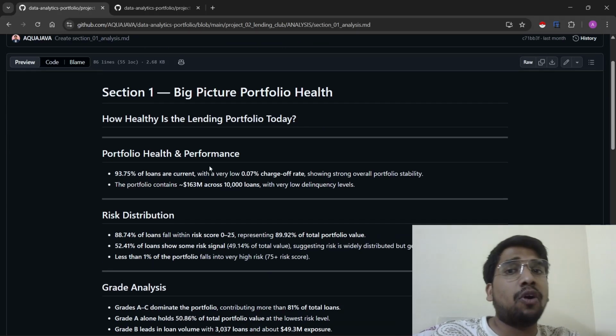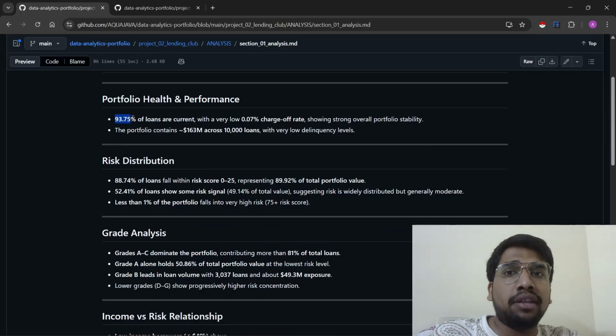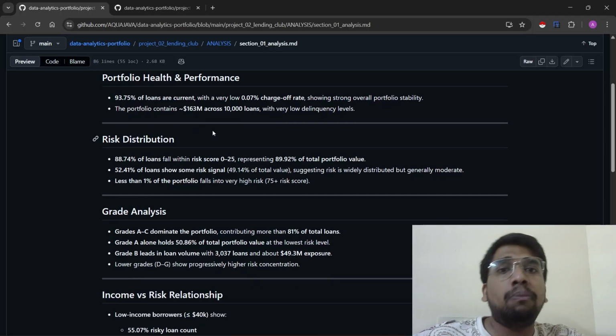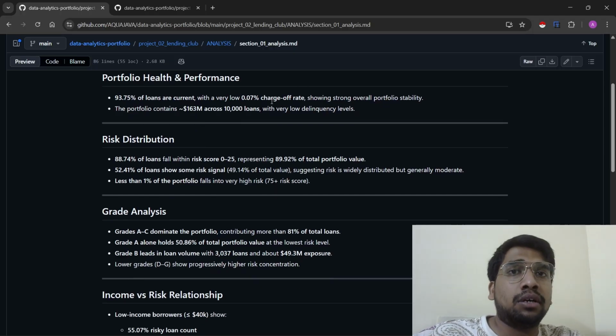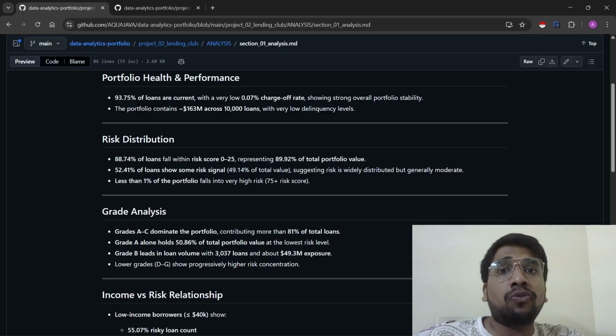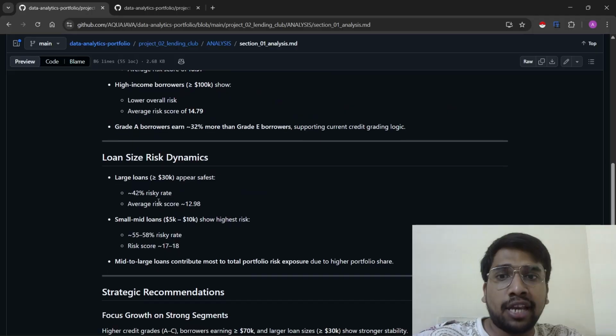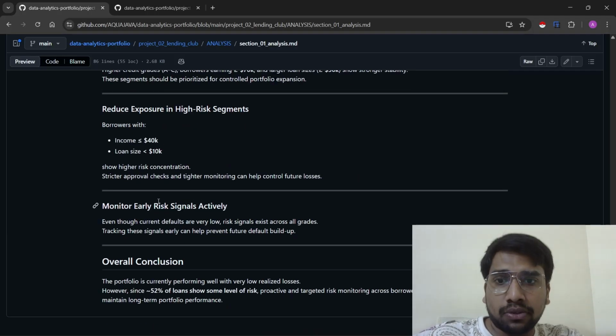If I open section one, it shows that 93.7% of loans are current and less than 0.1% of loans have a charge off rate, basically those which have late fees. Total portfolio amount is approximately $163 million, then the risk distribution, grade analysis, and so on and so forth.